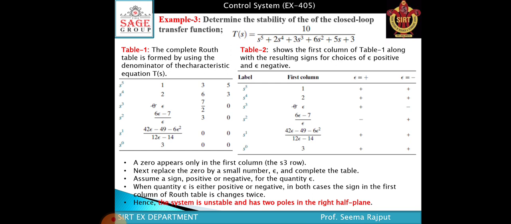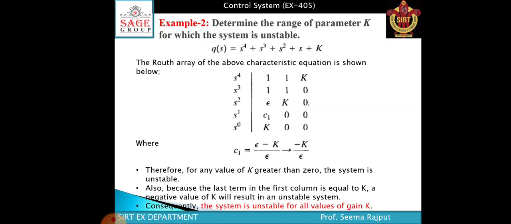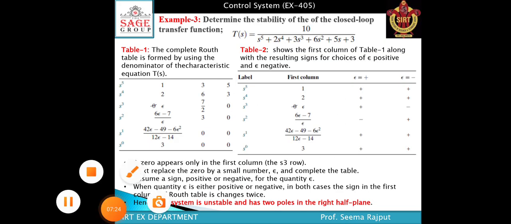In this table, the complete Routh table is formed by using the denominator. So in table 1, the highest power is s to the power 5, then s to the power 4, s to the power 3, s square, s to the power 1, s to the power 0. We put the values of all the coefficients, and after putting the values we have to solve.